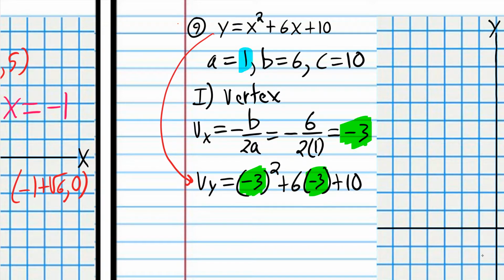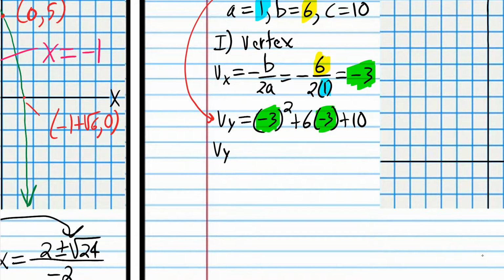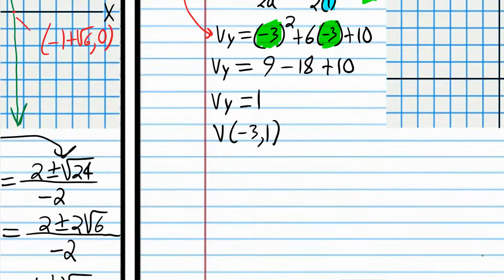And of course, I'm getting the 1 from there and the 6 from there. All right, and so now we have 9 minus 18 plus 10. And then we get 1. So the vertex is -3, 1.